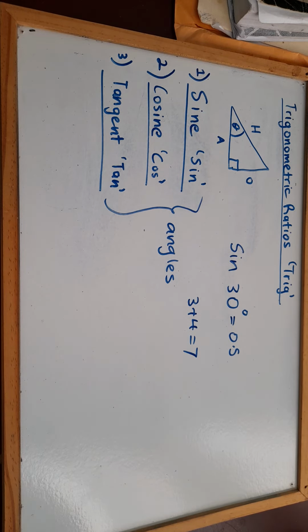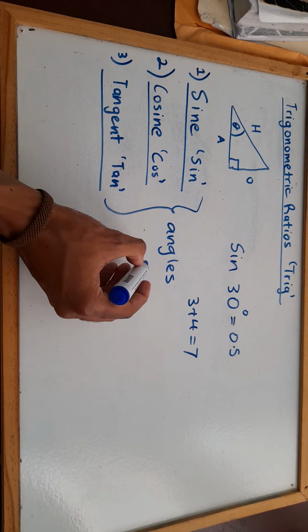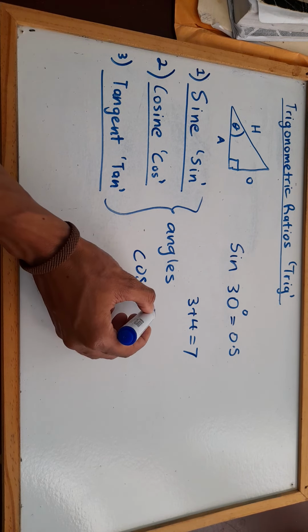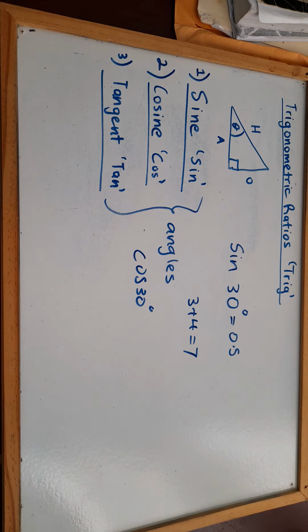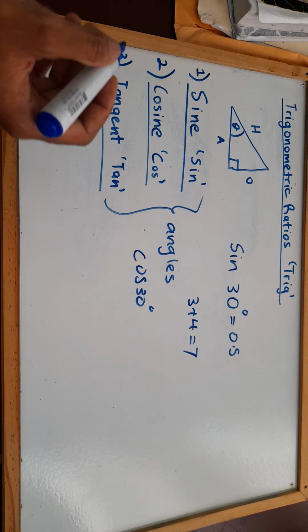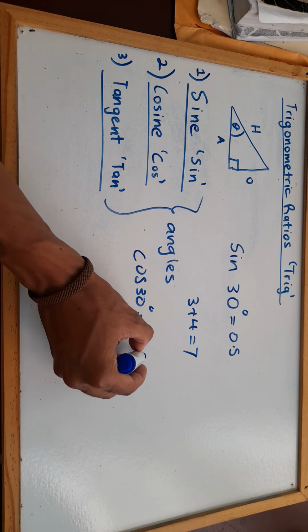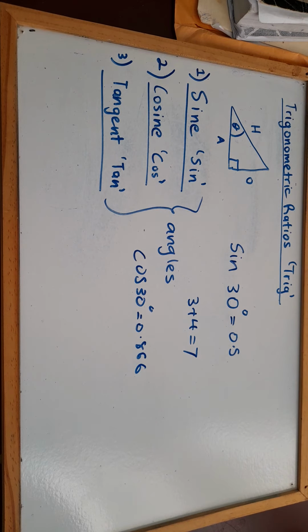And you can cos the angle also, cos the same angle, 30 degrees, and not just 30 degrees, you can do it on any angle, well, the angles that would be given in a triangle, and you will get 0.866. We get the gist. Same thing, if you tan it, you get a value, etc. These cos, sine, and tan do that. They give you a value. They operate on an angle.